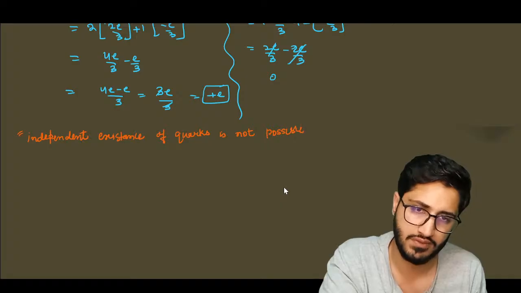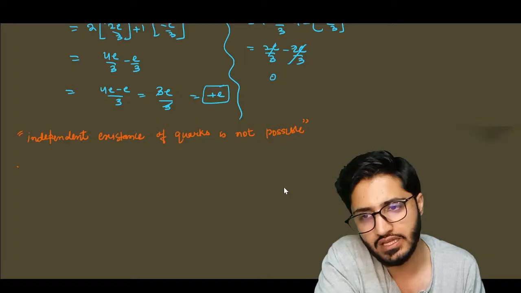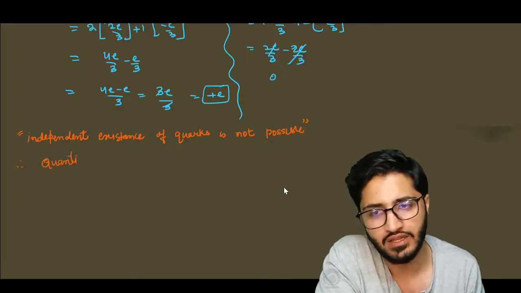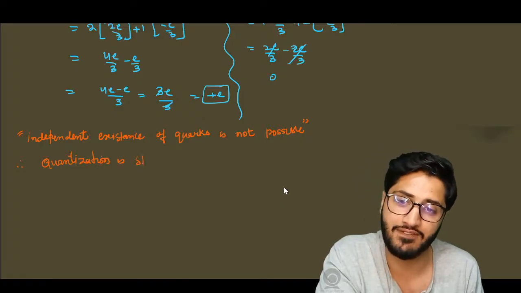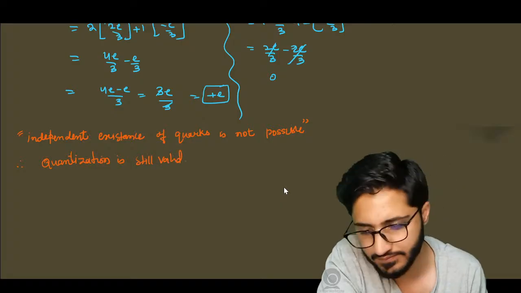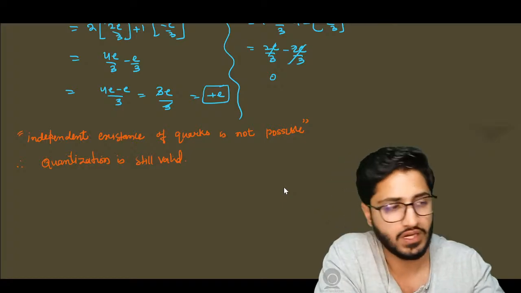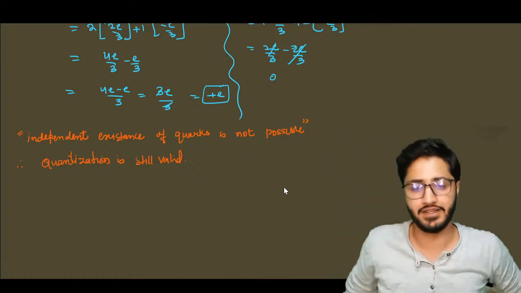If independent existence of quarks is not possible, therefore quantization of charge is still valid.